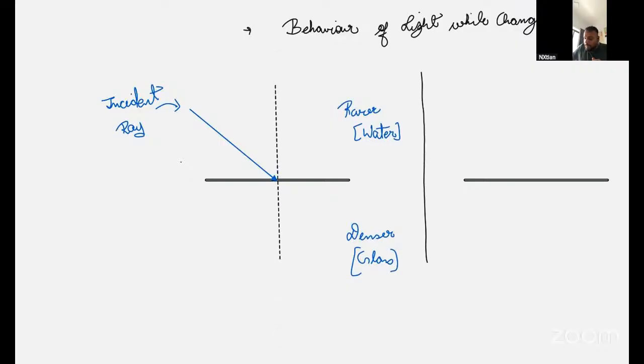So what is a normal ray? The definition of normal ray is it is an imaginary ray that arises perpendicular to the surface. So, for example, this is the medium separation, and it will always be perpendicular to this. Perpendicular means 90 degrees.